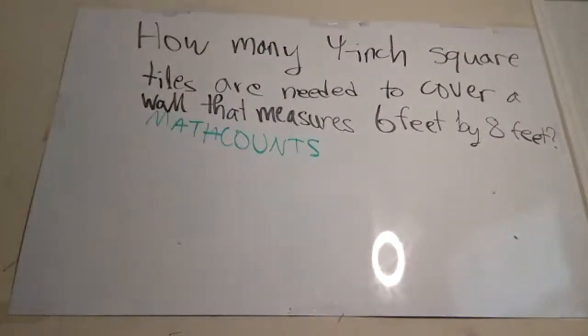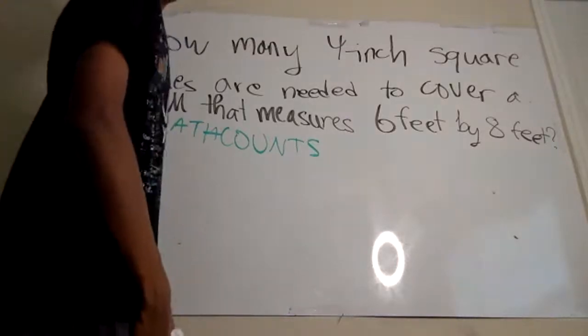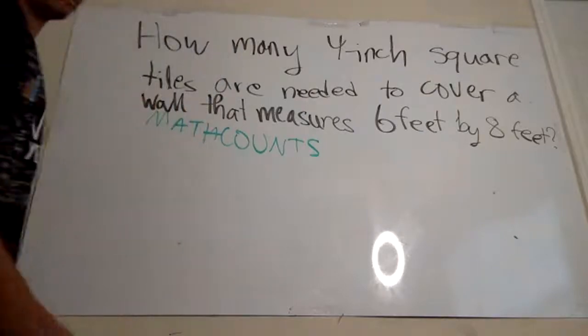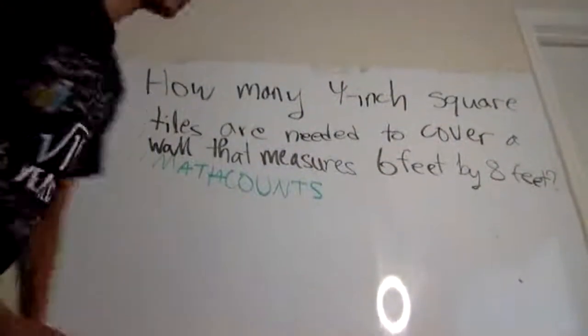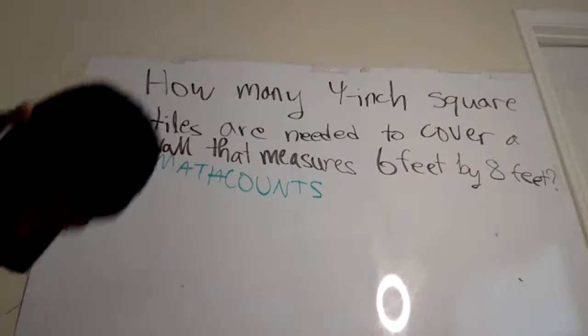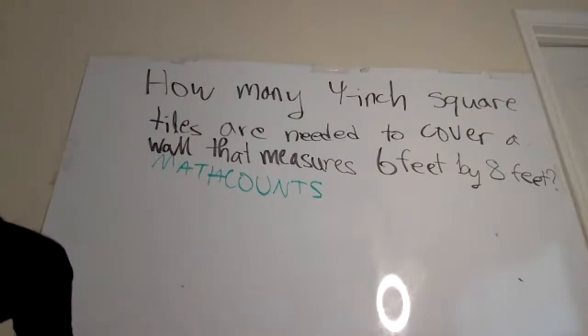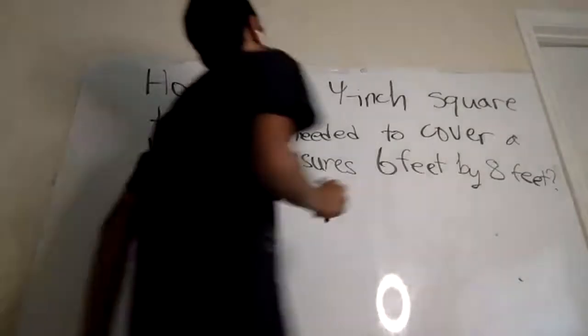So let's look over the problem one more time. This problem says how many 4-inch square tiles are needed to cover a wall that measures 6 feet by 8 feet. So let's go ahead and get right into the problem. Always when you have a geometry problem, we want to draw it out.